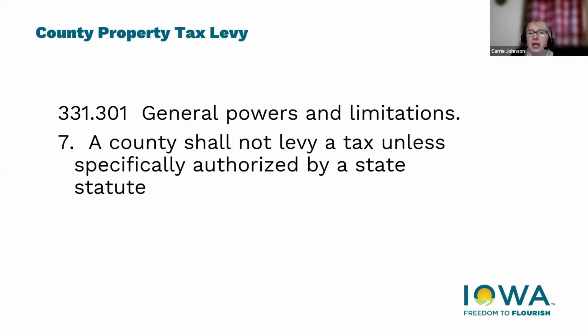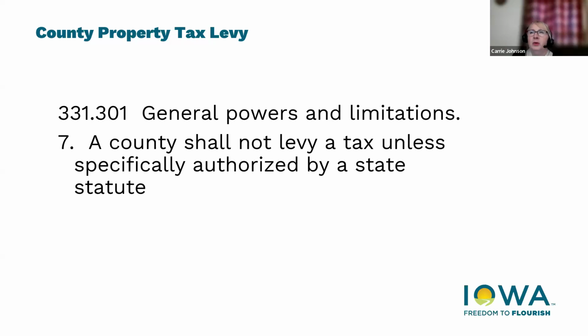When we talk about property tax, it's very important to reference this piece of statute. A county cannot levy a tax unless it's authorized by state statute. So you cannot, as a county, decide that you want to impose a property tax on UTVs in your county separately. We're going to say it's property and we're going to tax it at this much. That's not an option for you as a county.